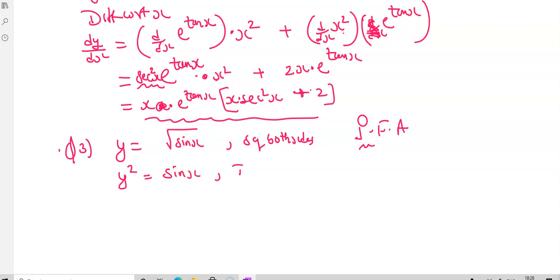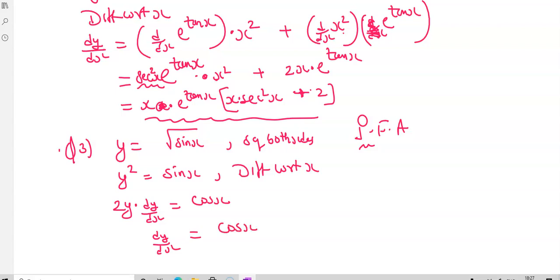Now if I differentiate with respect to x, first we treat this y square as 2y dy by dx. Derivative of sin x is cos x. So dy by dx is cos x upon 2y. But since the question was in terms of x, the answer has to be in terms of x only.